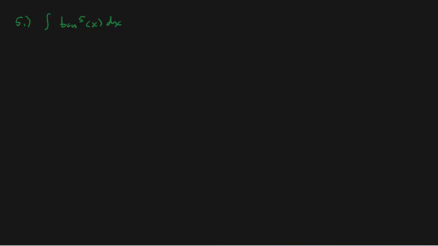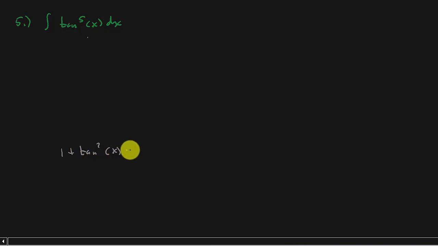Well, how can I get something in here written in terms of secant? We do have a property that says 1 plus tangent squared is equal to secant squared, right? So maybe if I could get a tangent squared up here, maybe I could write this as tangent cubed times tangent squared dx, something like that.